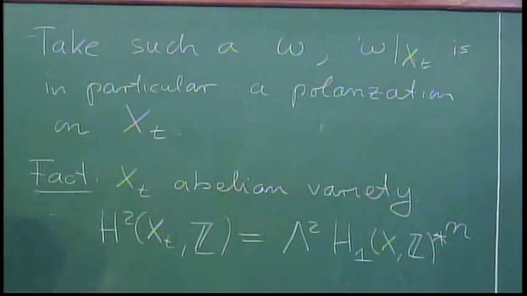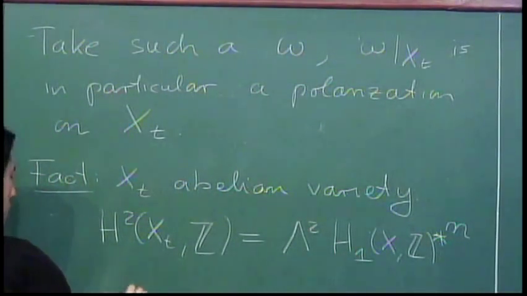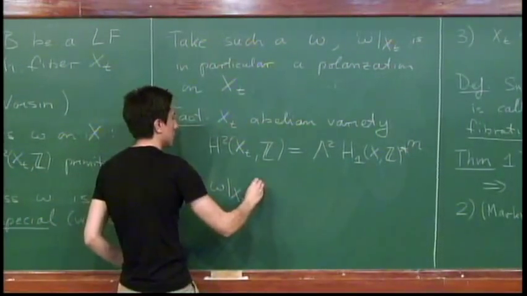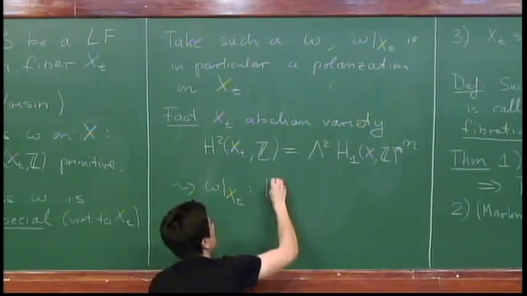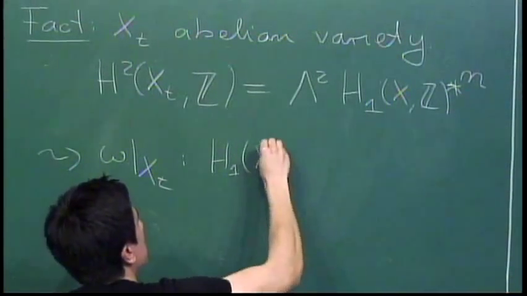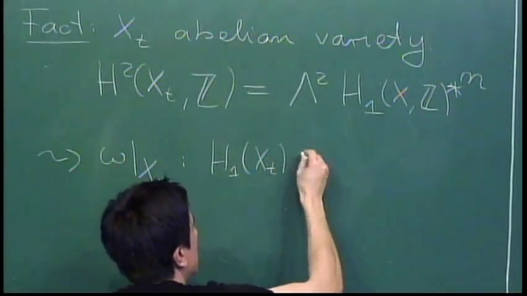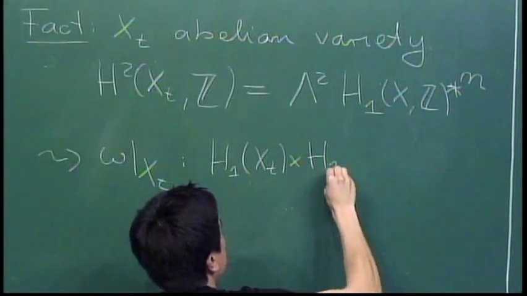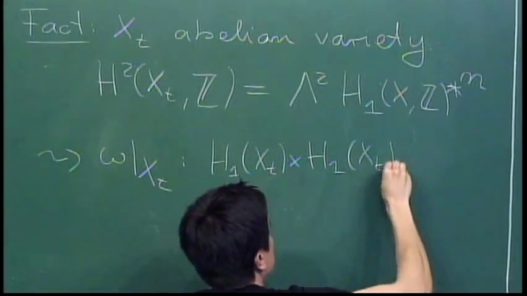So omega restricted to X_t we can consider as an integer valued two-form.